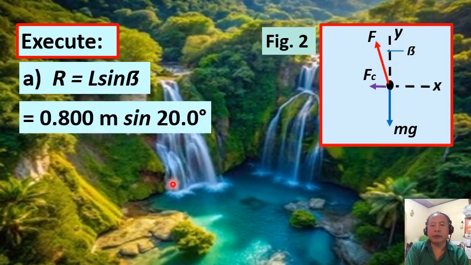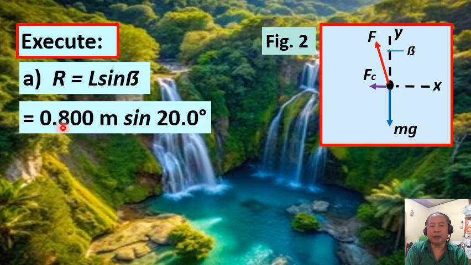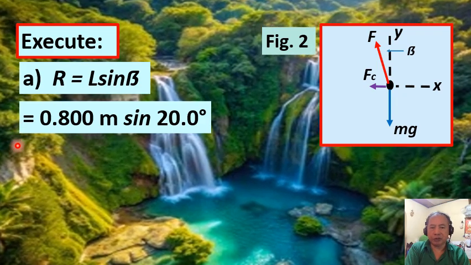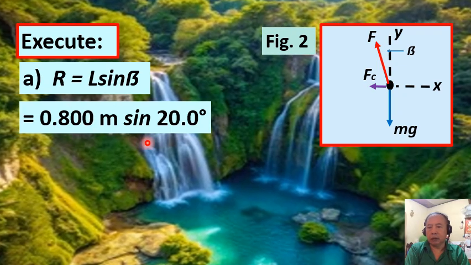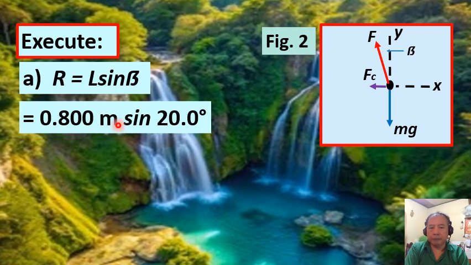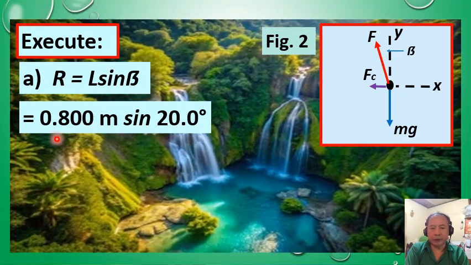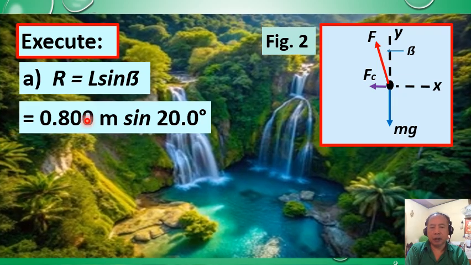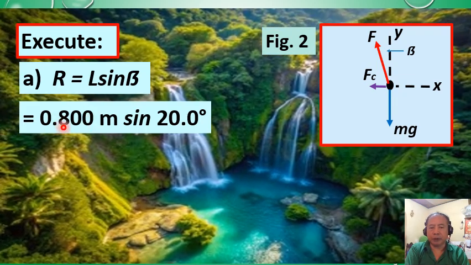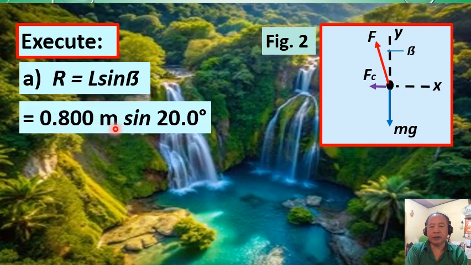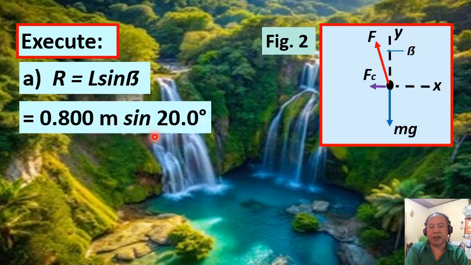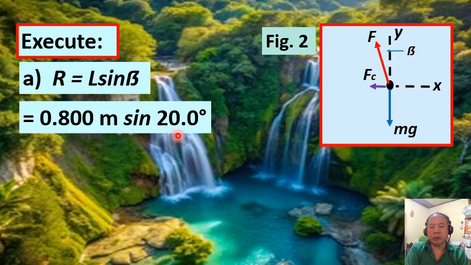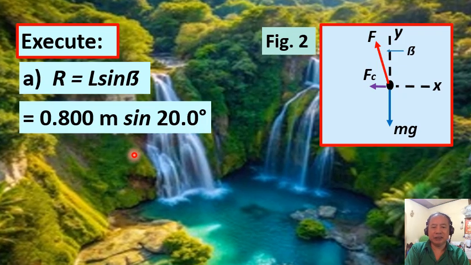So moving on to our computations, in part A, the radius of the circular path of the bulb is just the product of the length of the wire, 0.800 meters, and the sine value of the angle beta, or sine of 20.0 degrees.